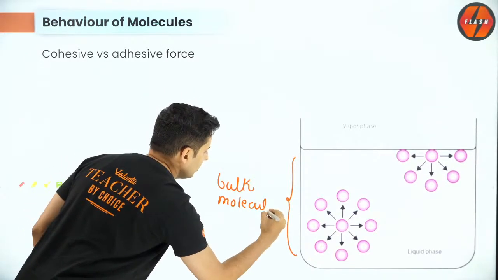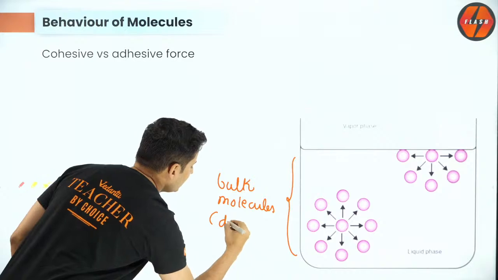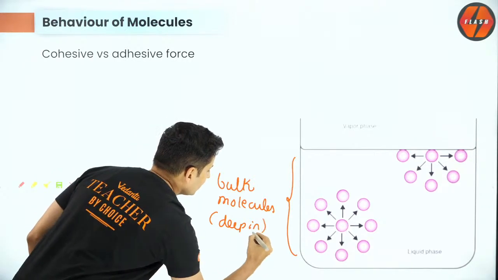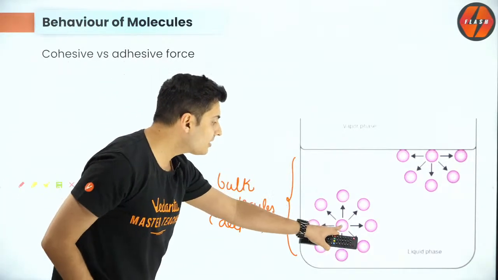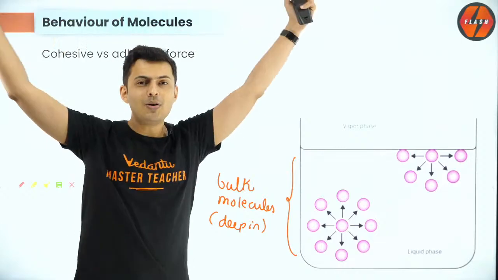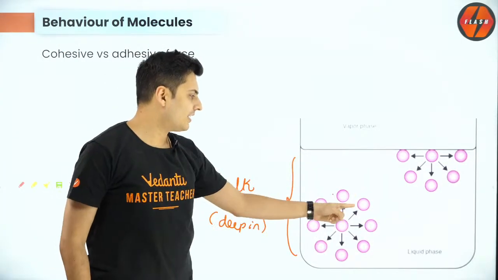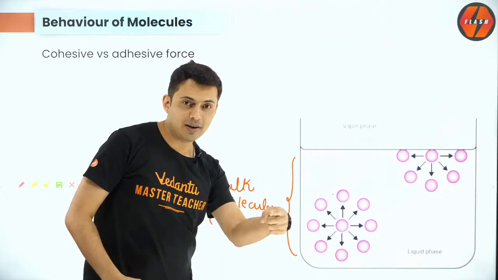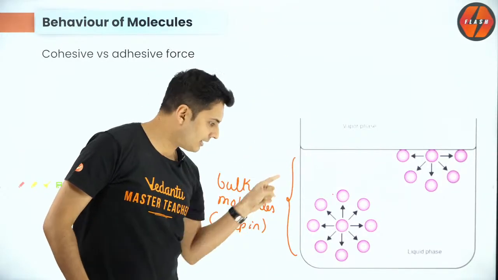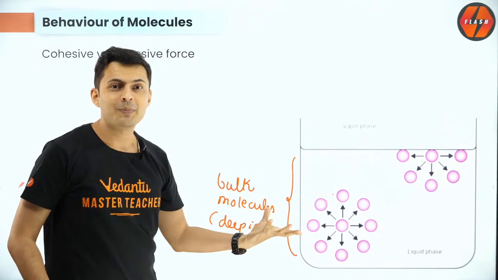They are deep inside the surface. This molecule is surrounded by like molecules, and it will form bonds with this one, this one, this one, and in fact even in 3D, here, there, everywhere.